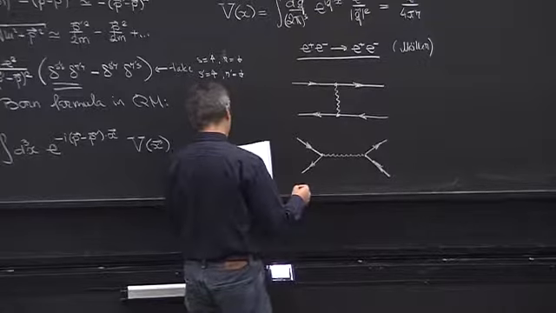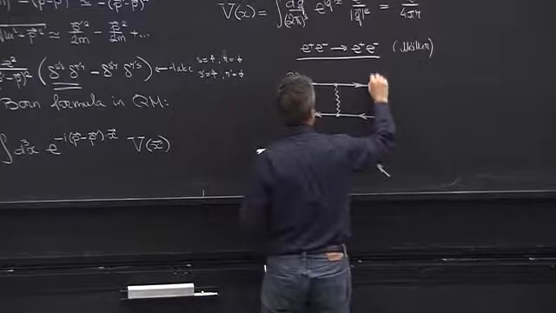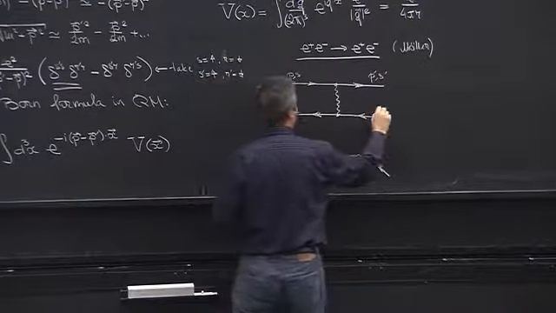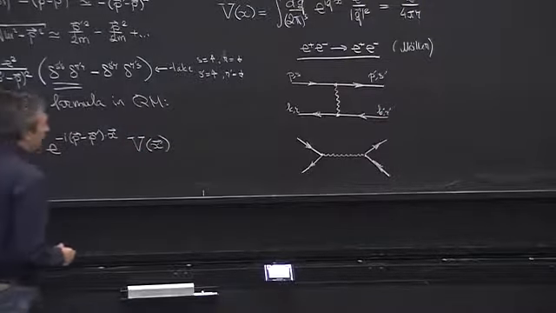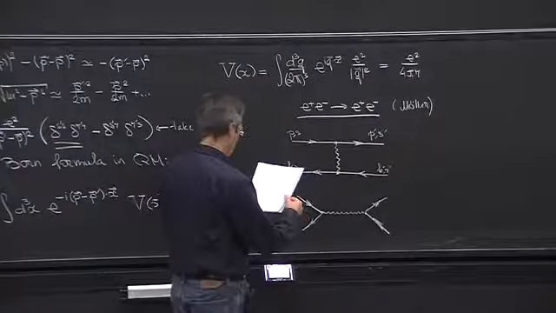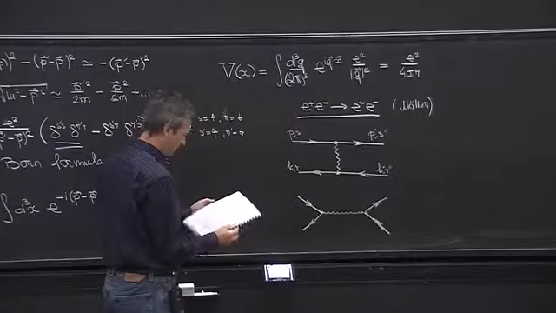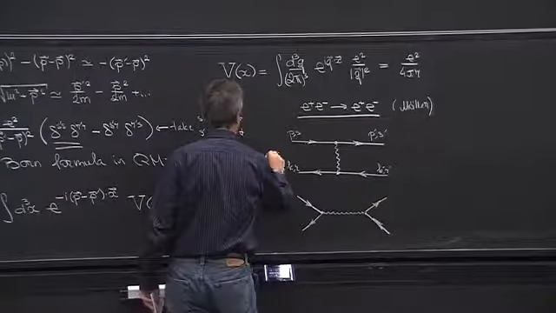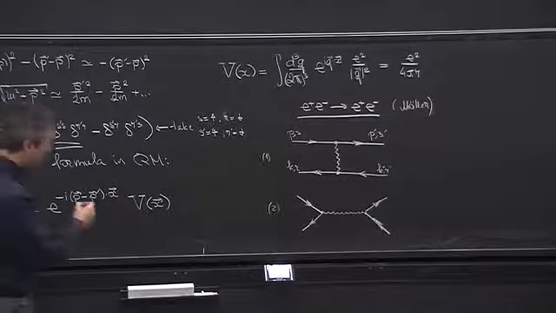Suppose that this has momentum p and spin s. This has momentum p prime, spin s prime. Same for the positron. Then what will be the amplitude? Let's write down the answer for this diagram and for this diagram separately, because now they are different.